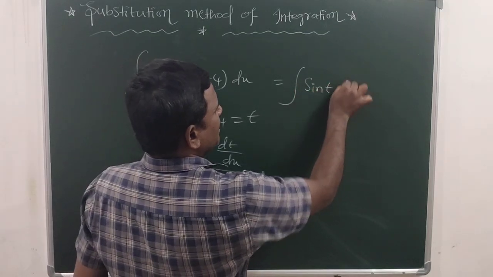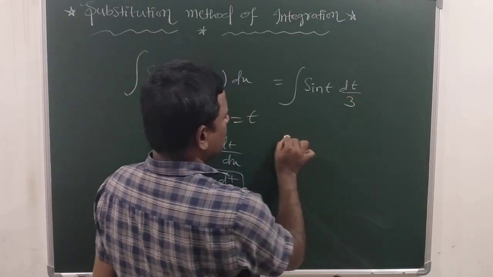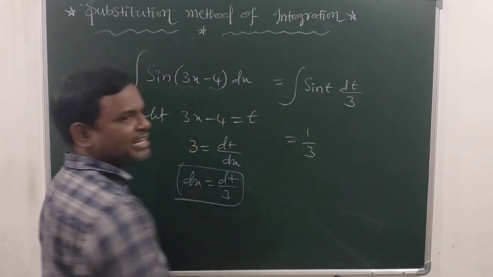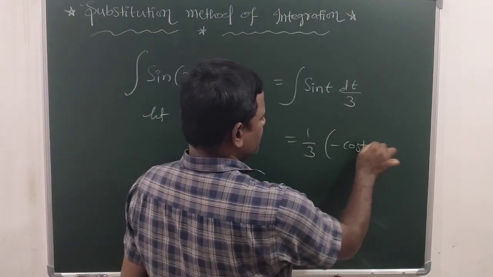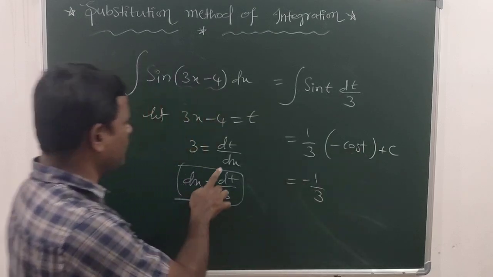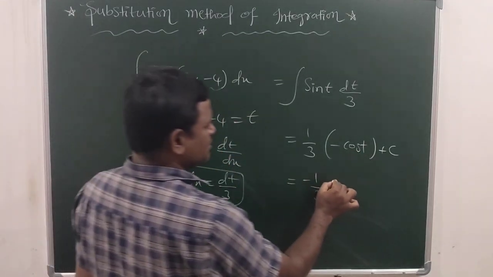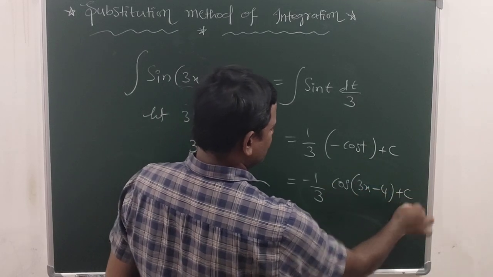Now sin t, and in the place of dx write dt by 3. Now write 1 by 3 outside, integral of sin t is minus cos t plus c. Now minus 1 by 3, and in the place of t what do you have to write? 3x minus 4: minus 1 by 3 cos of (3x minus 4) plus c.